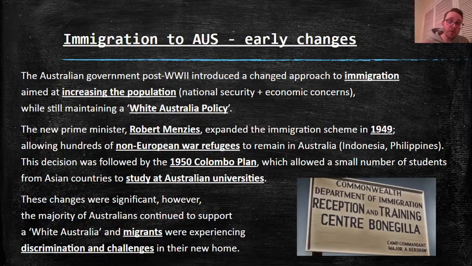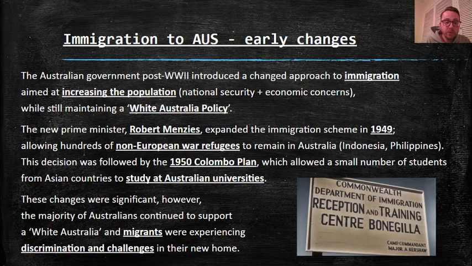When Japan was marching through the Pacific, gaining victories and taking down the Philippines, Singapore, etc., a lot of war refugees from Indonesia and the Philippines fled to Australia, and they stayed until the war was over. But Robert Menzies allowed hundreds of war refugees to stay. That was the first time any non-white immigrants were allowed to stay in Australia.